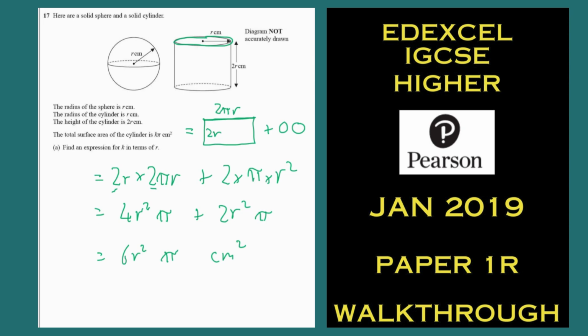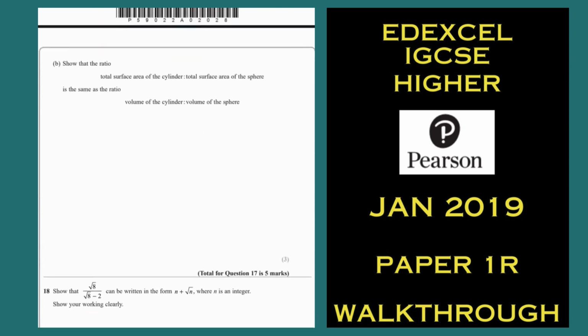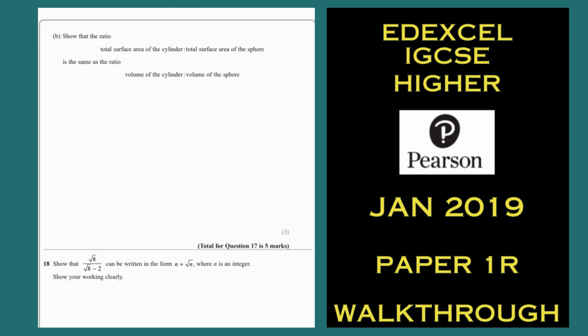So the next bit does go into total surface area and total volume. So do make sure you flick back for your formulas for that. But the key really is, again, radius is r in all circumstances. So do not let the words put you off, because you've already done that bit.